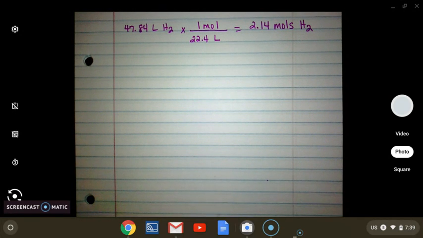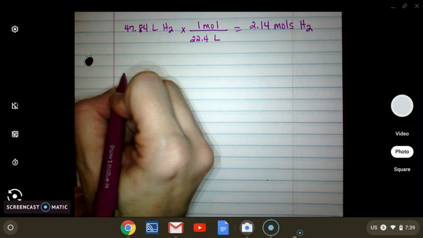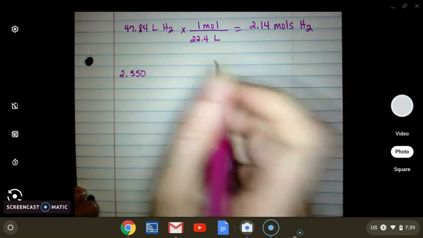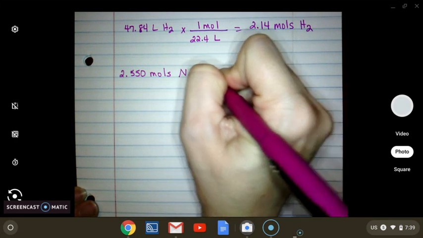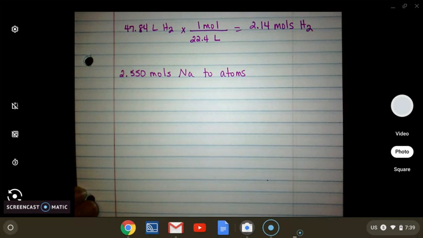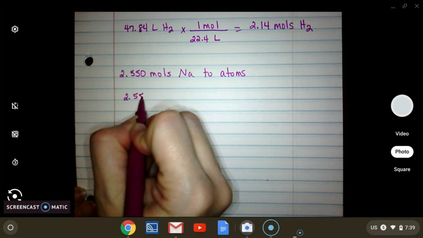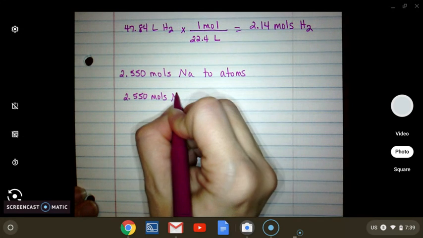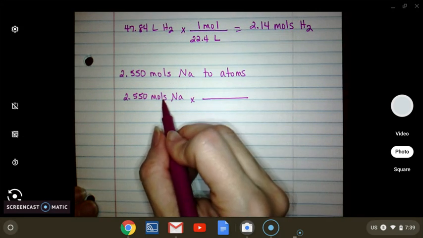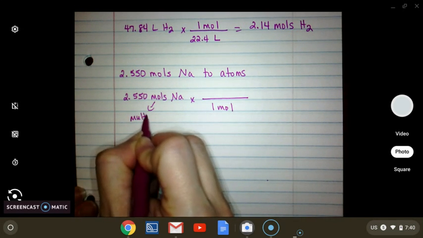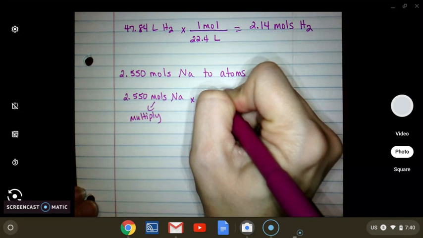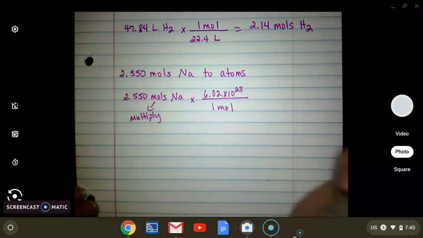And then the last one we did was moles to particles. This is the one where you use Avogadro's number, which is 6.02 times 10 to the 23rd. So the first one, we're going to take 2.550 moles sodium, and we're going to convert it to atoms. So you take your 2.550 moles Na. Remember, moles is here, so moles goes on the bottom. Multiply. Don't forget, and then 6.02 times 10 to the 23rd.